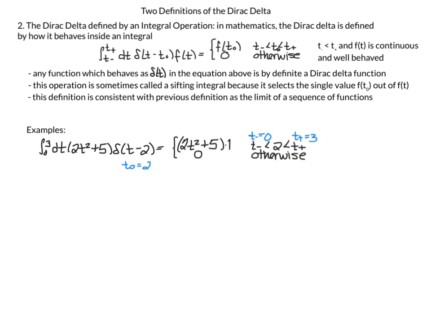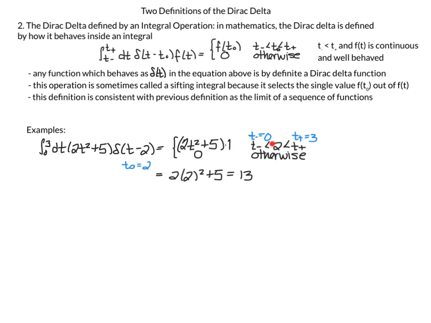If it had not been included, then my Dirac delta would be equal to 0, so this function times my Dirac delta would be equal to 0. Now when you do this integral and you're summing up all the areas under the curve, what you need to remember is that when you're less than 2, everything to the left of your t naught, your Dirac delta is going to be 0.